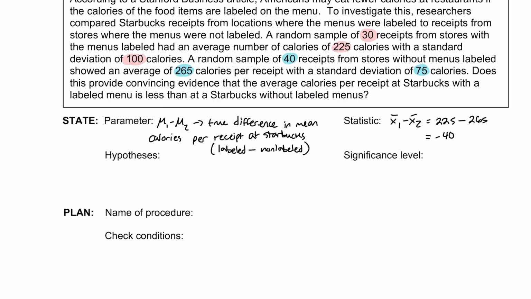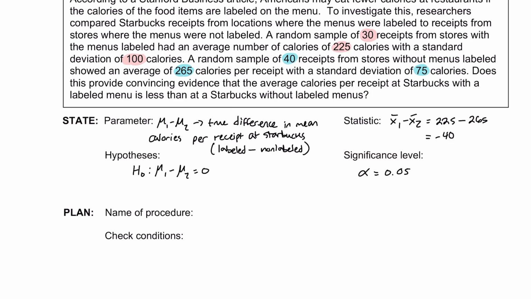We're going to assume that our significance level is the standard 0.05, and that our hypotheses are the null hypothesis of mu1 minus mu2 being 0, in other words, exactly the same, not being different at all. In this case, though, because of the way this was worded, it says, is the average less than without labeled menus?